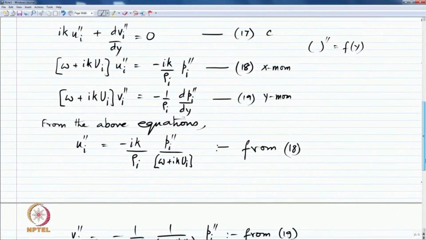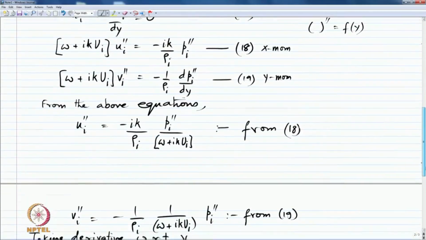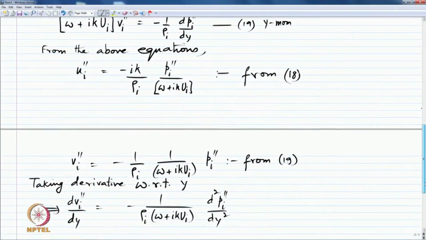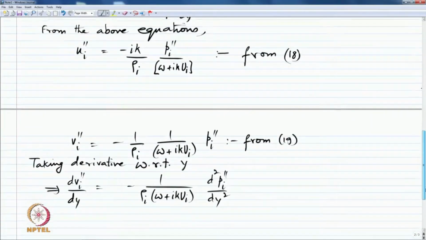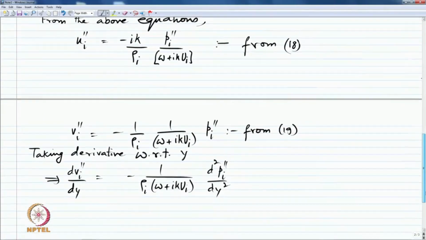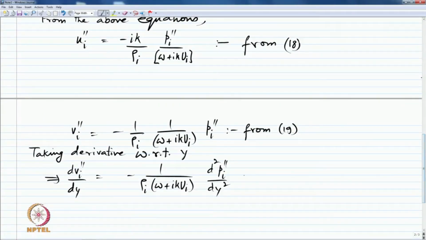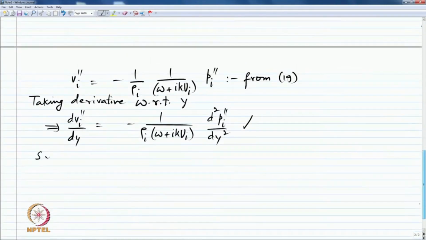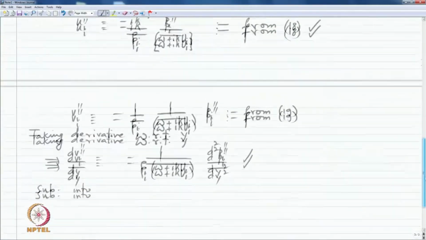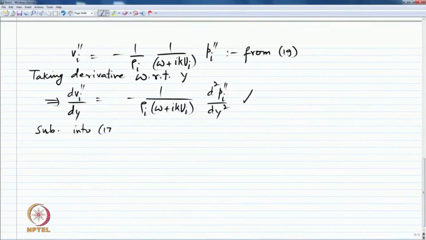In order to do that I need to take the derivative of the equation for v i double prime with respect to y, and that is what I have done here. Now, I substitute this equation and this equation into (17), which is what we got from continuity.